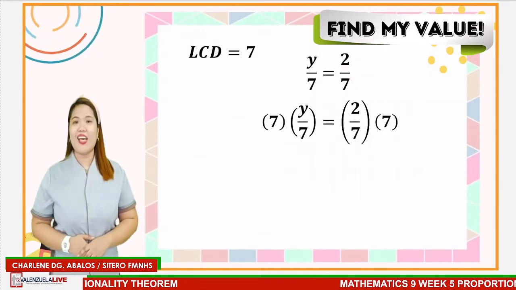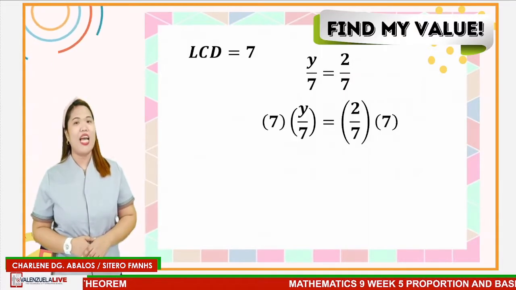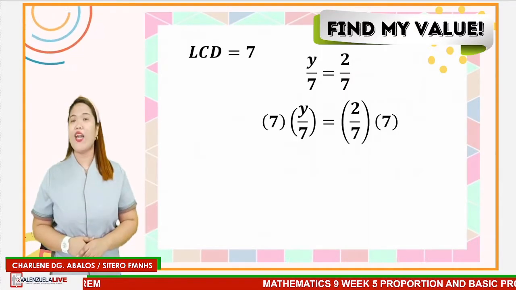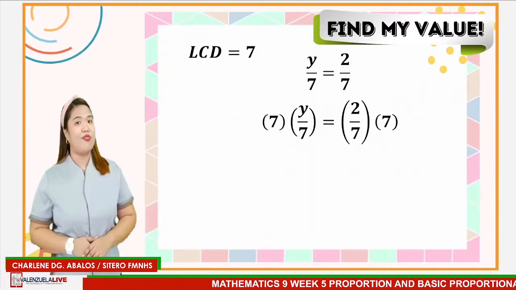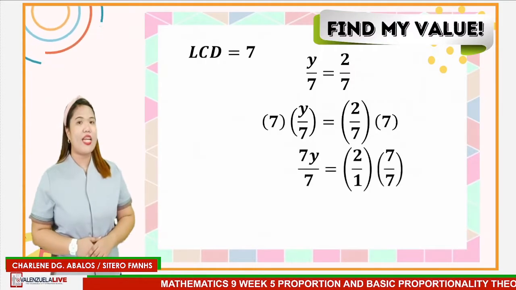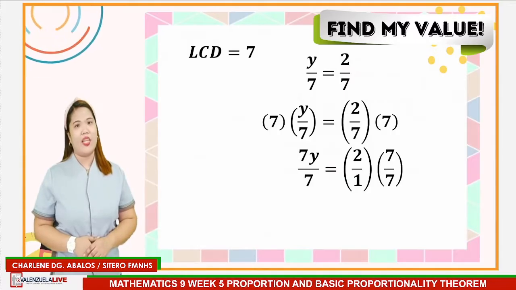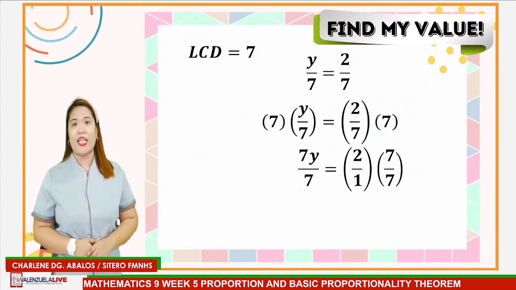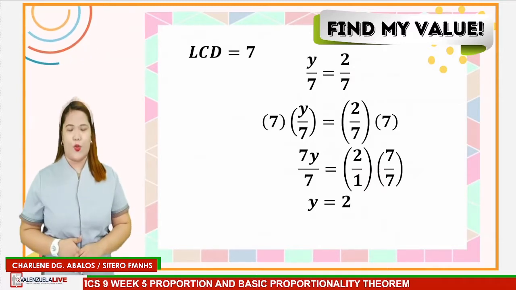So, multiply 7 to both sides of the equation. So, we have 7 times y over 7 equals 2 over 7 times 7. Then we will have 7y over 7 equals 2 over 1 times 7 over 7. And 7 over 7 is automatically 1. That's why we have y equals 2.